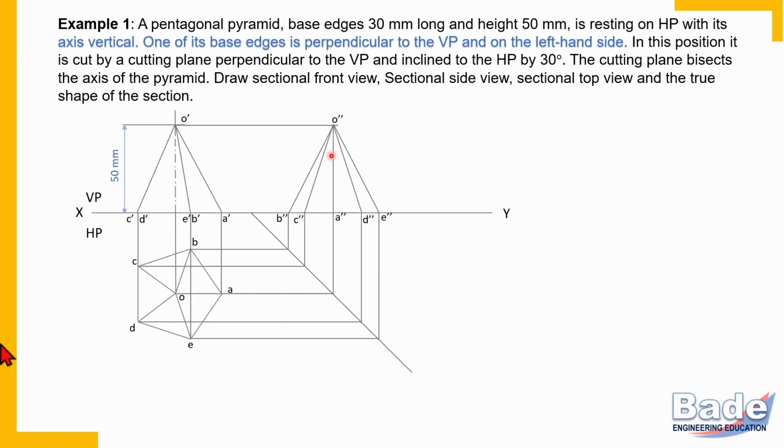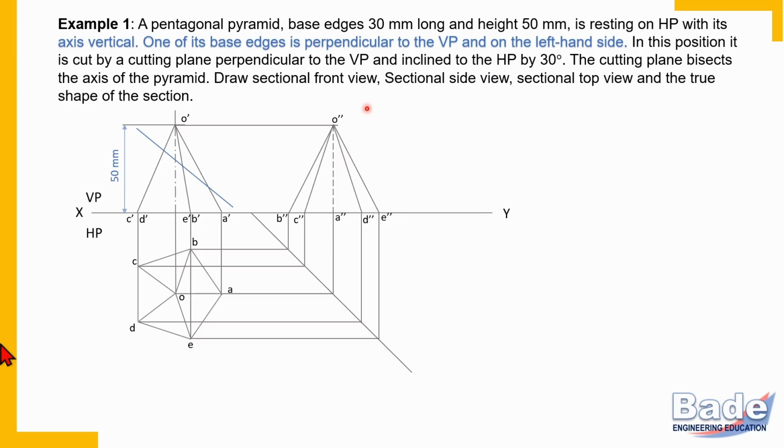Now, we should locate cutting plane. That is the second important step. Check what information we have about cutting plane. In this position, it is cut by a cutting plane perpendicular to the VP and inclined to the HP by 30 degrees. The cutting plane bisects the axis of the pyramid. Now listen, it's very important.